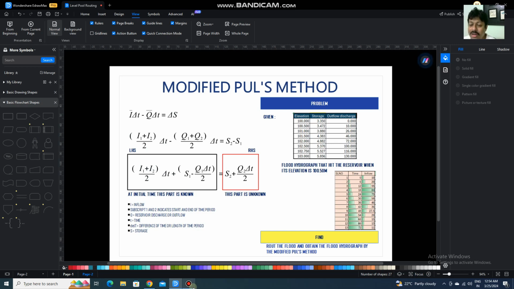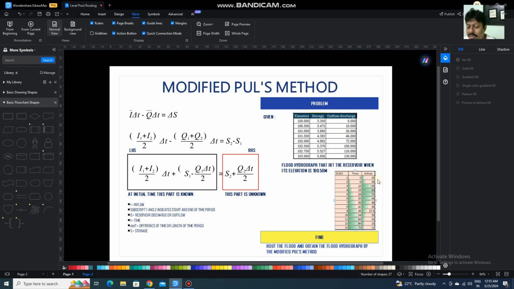The flood water comes inside the reservoir. This reservoir is of course located in the river channel, upstream of which that rainfall has occurred, due to which the excess water is coming inside the reservoir.